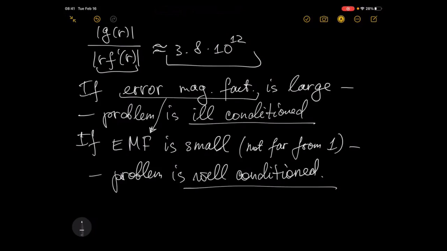And if the magnification factor is something like 10 to the power 6, you know that you're losing practically everything. So as a result, your relative error will be just huge. It will be way more than the error of the initial data. So essentially what you will be getting will be complete garbage.